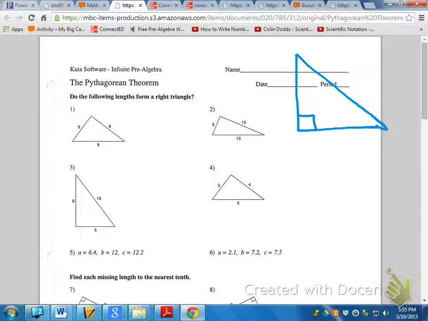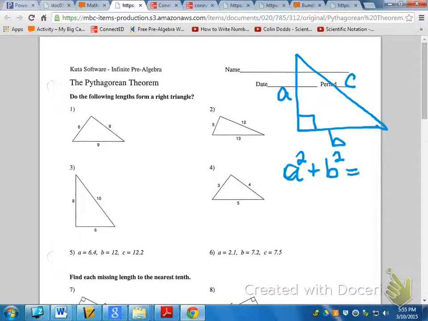A typical right triangle is labeled A and B for the legs. Those can be interchangeable. It does not matter which one is which. And C is our hypotenuse. So labeling the legs A and B and C as the hypotenuse, here's what the Pythagorean Theorem says. I can take the length of A and square it, that means multiply it by itself, plus B squared.